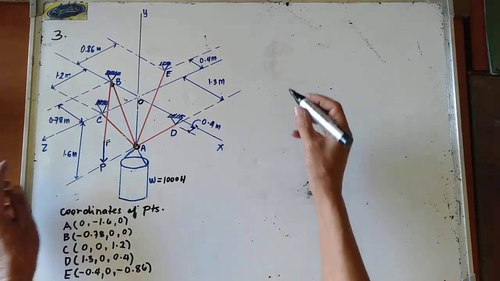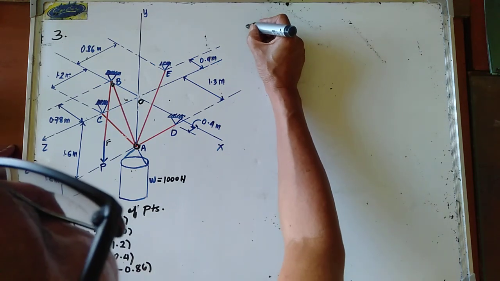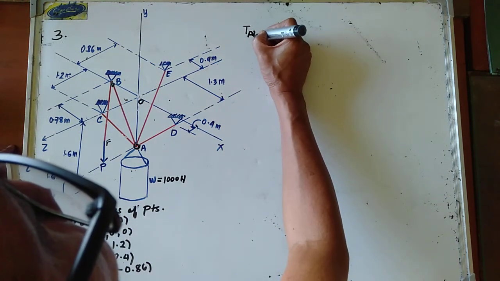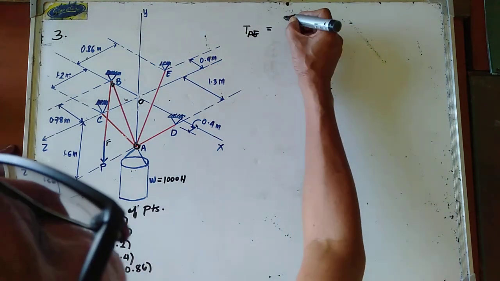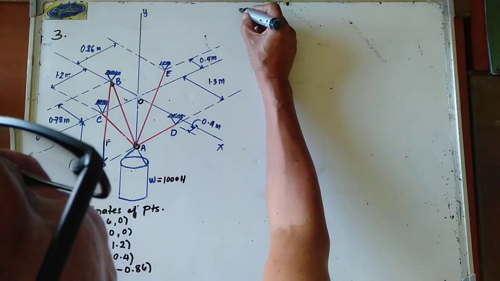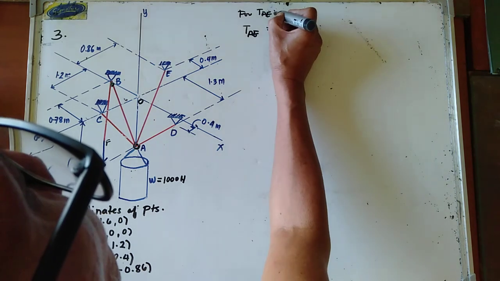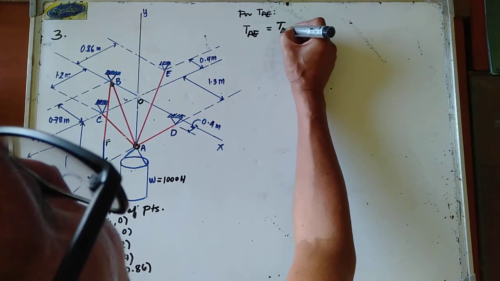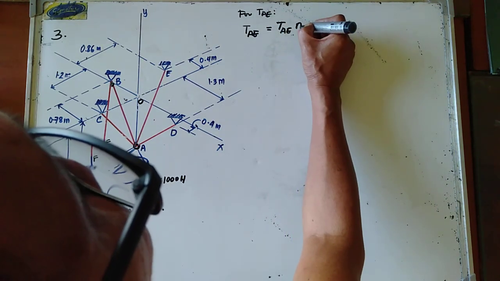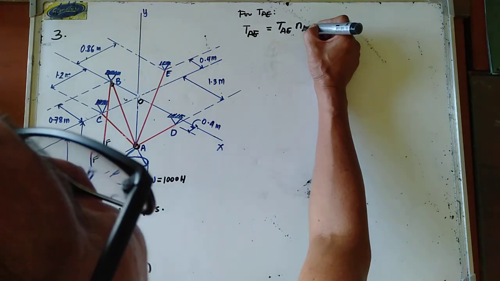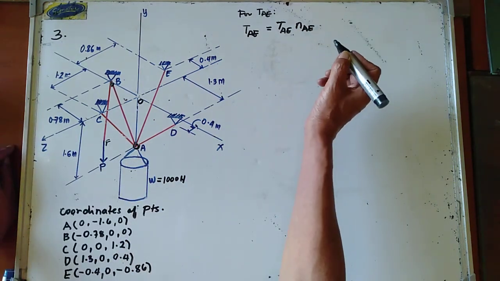Now for TAE, that is again equal to the magnitude of TAE. We have a unit vector in the direction AE.